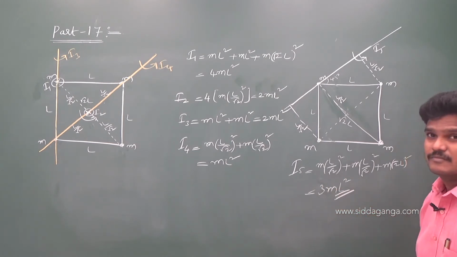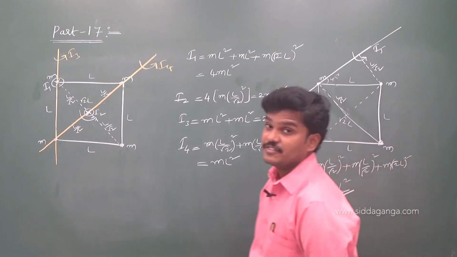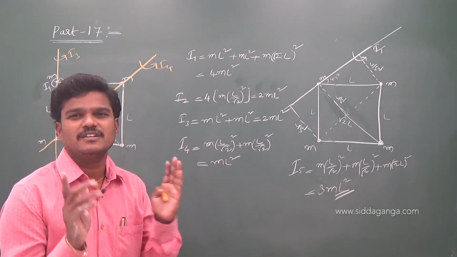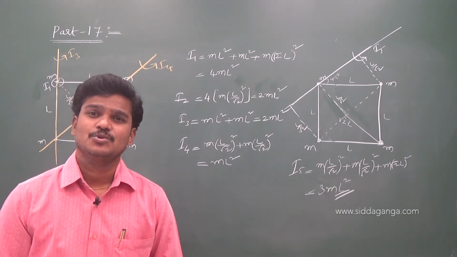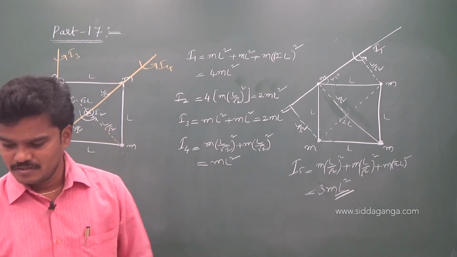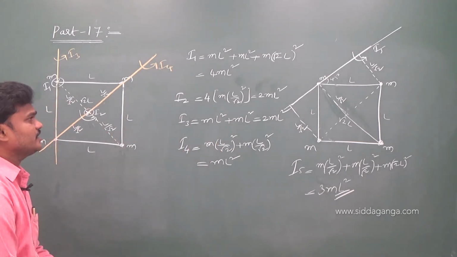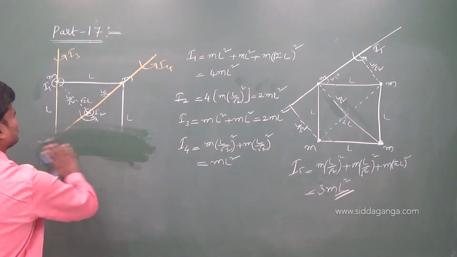Okay, in the next continuations I will show you 15 degrees, how to resolve the components, some cos 15. You have to take the perpendicular distance from the particle to the axis of rotation. So take these few examples. I5, I6, everything we can find.